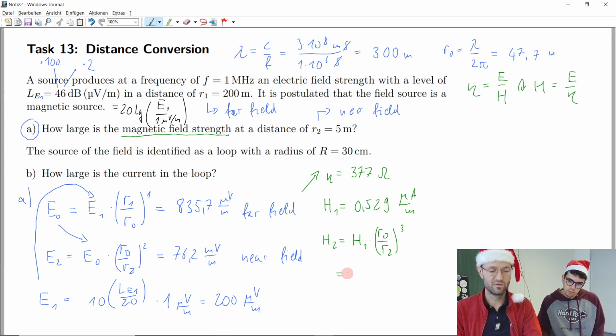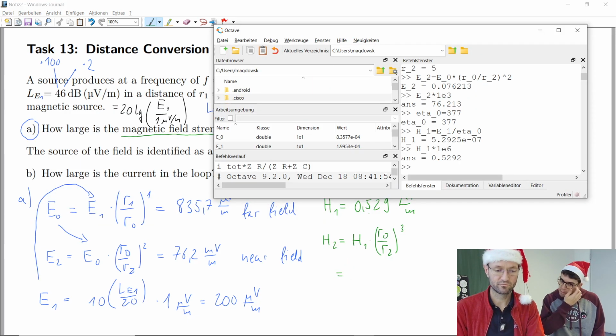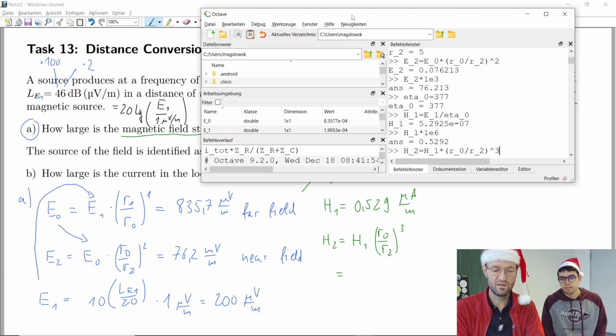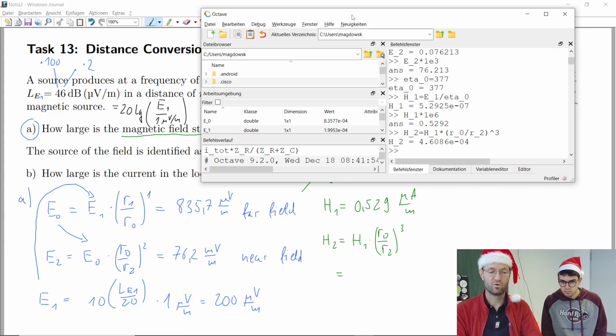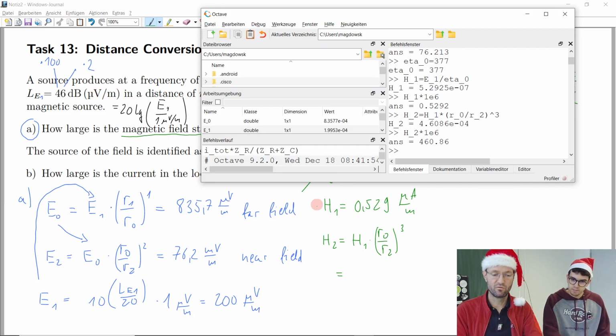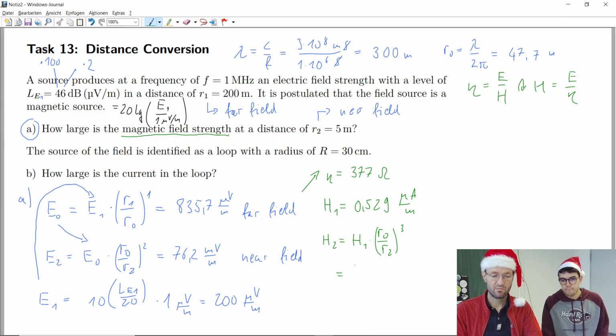So if I do this calculation, H2 is H1 multiplied with R0 divided by R2 to the power of 3, we should get something larger, because we go into the near field. Once again, let me multiply this with 10 to the power of 6. So we get 460.8 or 460.9 microampere per meter.